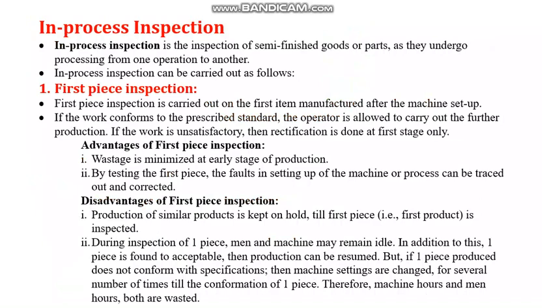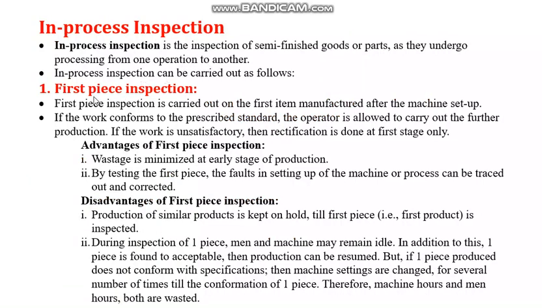Next, let us talk about the second stage, that is the in-process inspection. In-process inspection is of the semi-finished goods or in-process goods or parts as they undergo from one operation to another.